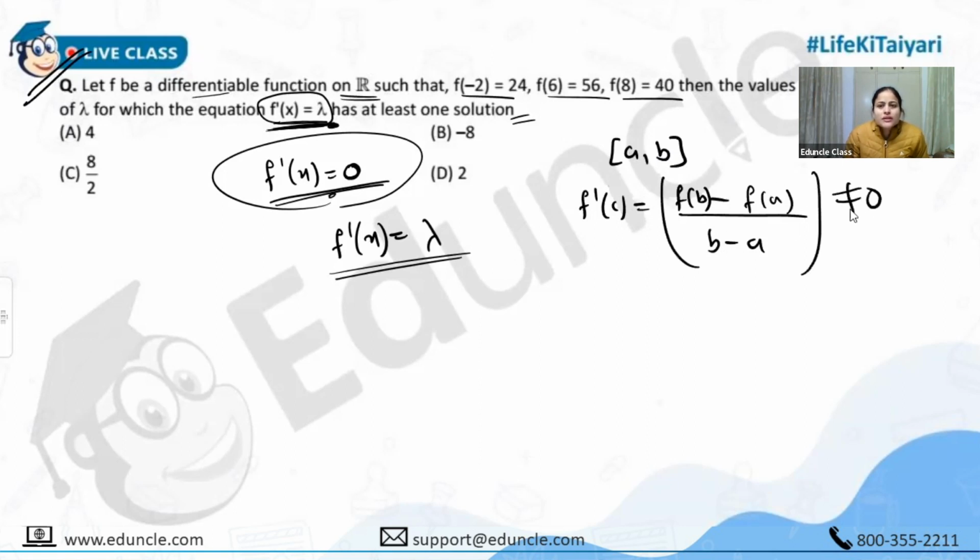The derivative is 0 whenever f at A and f at B are the same, which is Rolle's theorem. But if the derivative is not 0, then we can think of the mean value theorem. Do you agree with me or not?